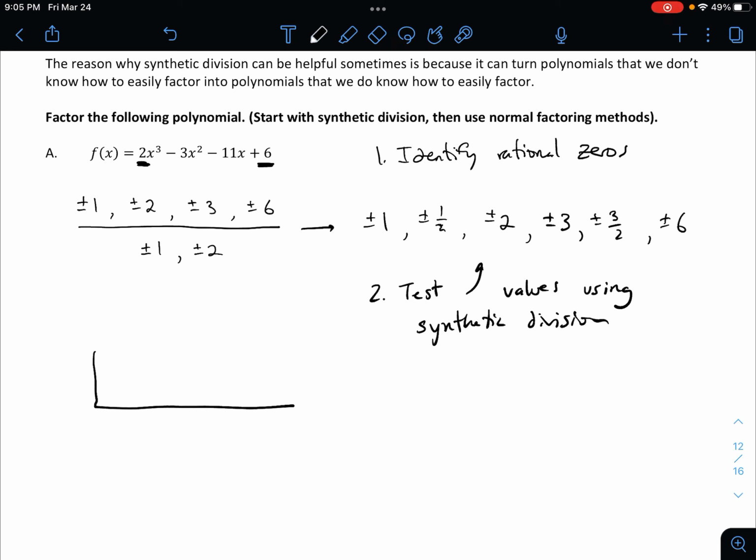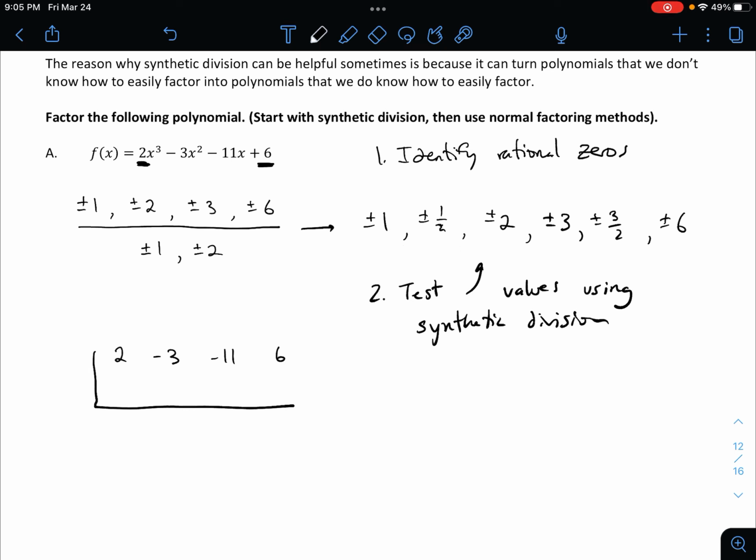So up here, I'm going to have a 2, right, because we got 2x cubed, a minus 3x squared, a minus 11x, and a positive 6. And notice I've got 3, 2, 1, 0, so I have them listed in order. I'm not missing any terms. If I was missing a term, I'd have to throw in a 0 somewhere in between here, depending on where my missing term was. Now up here, we can fill in any one of these possibilities, all right?